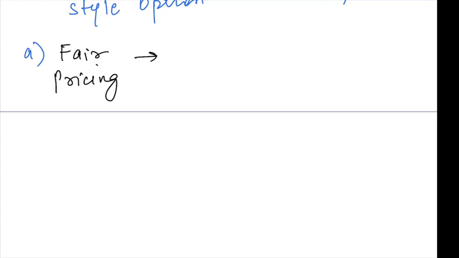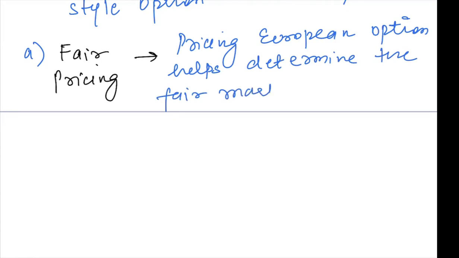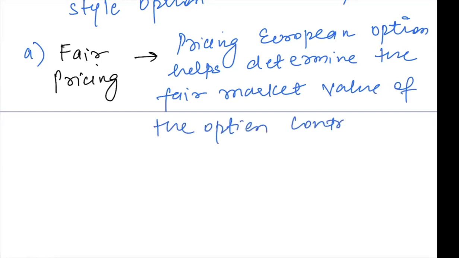So the first reason is pricing European option helps determine the fair market value of the option contract, and it can be both call or put.